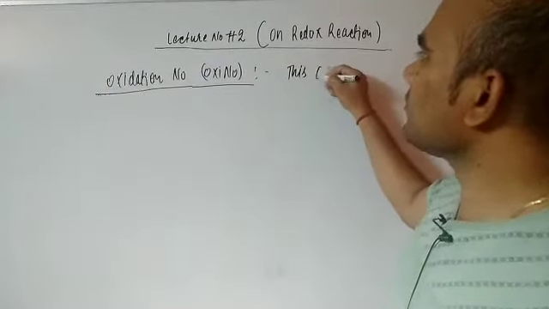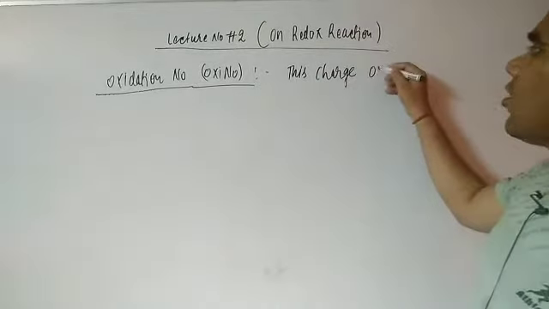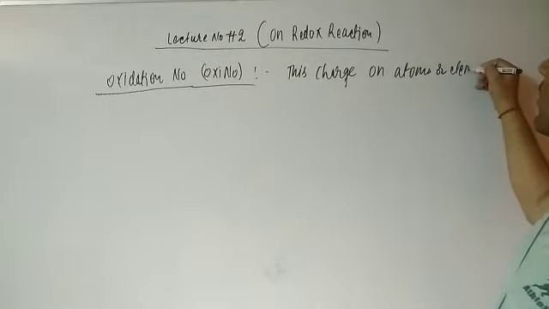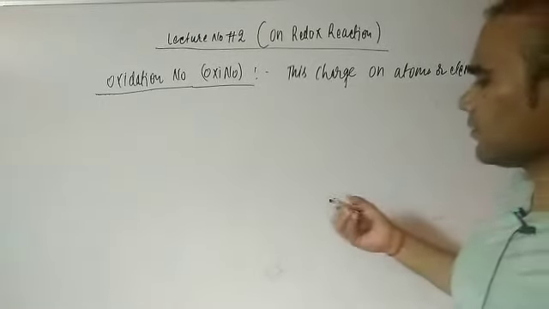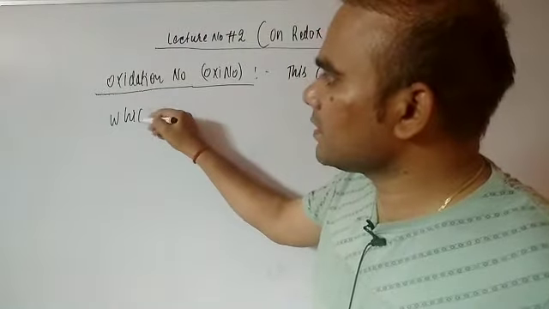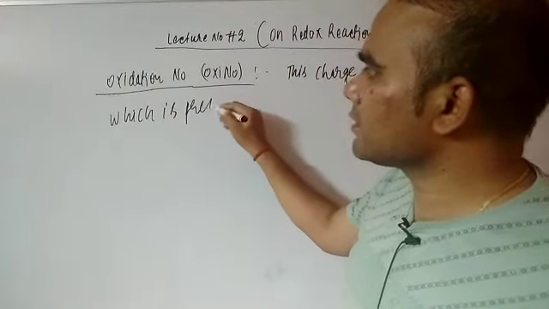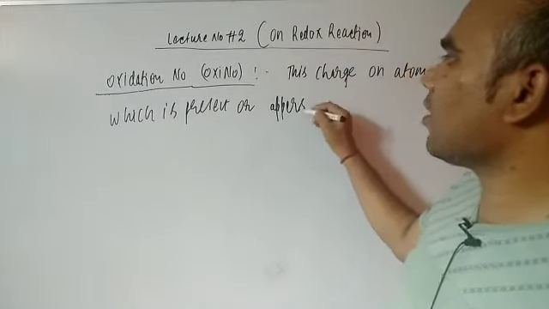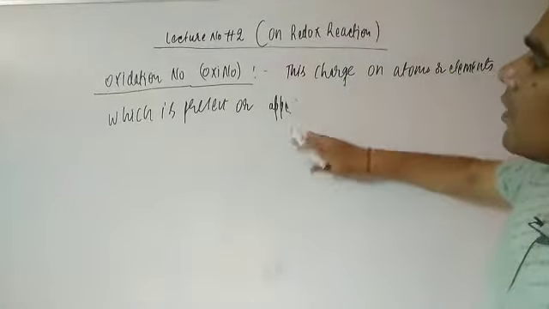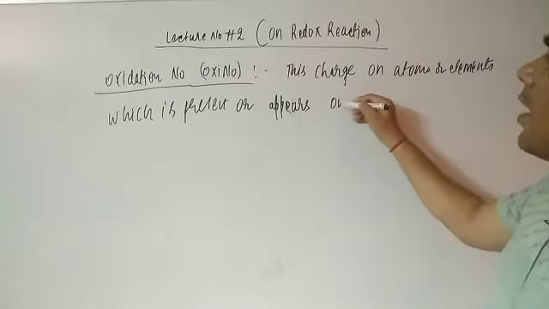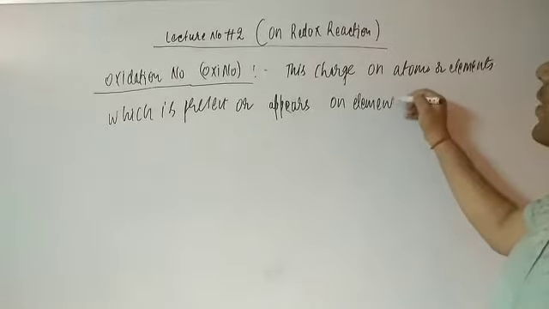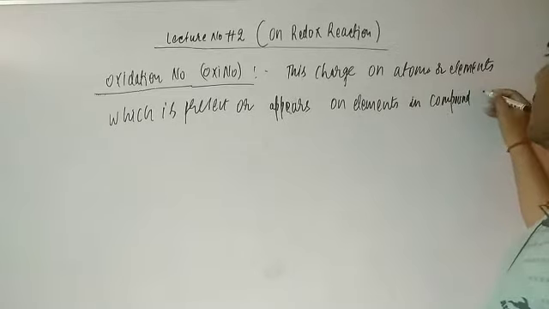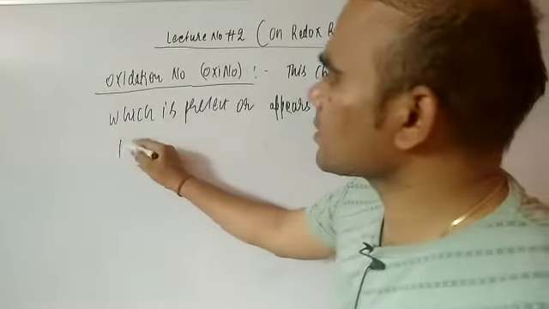The charge on atoms or elements which is present or appears on elements in a compound is known as oxidation state.